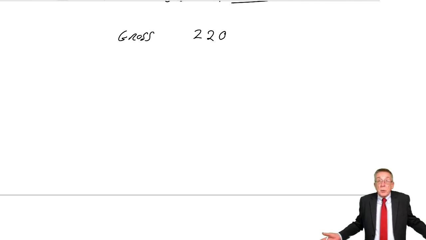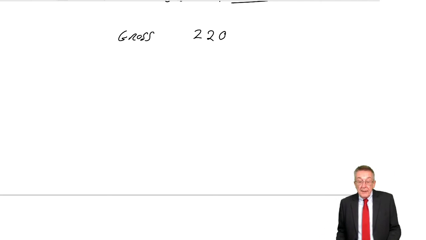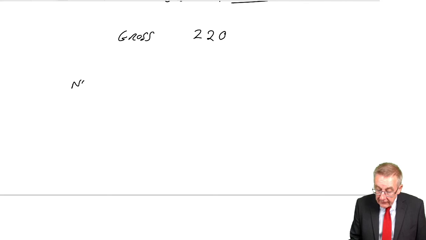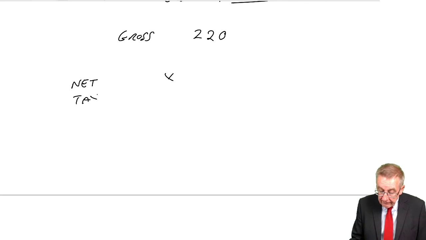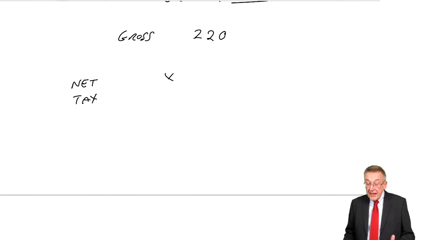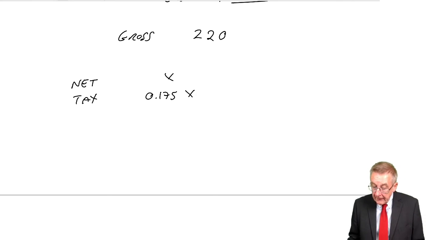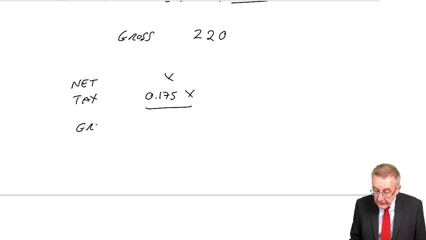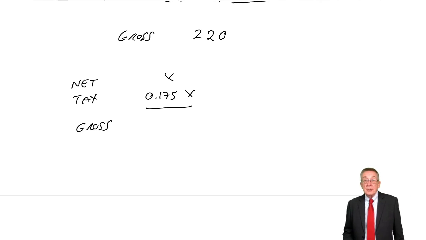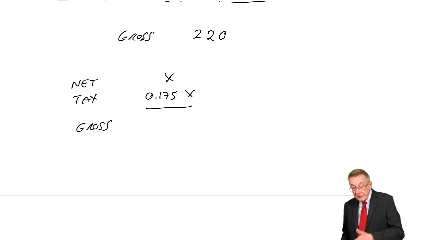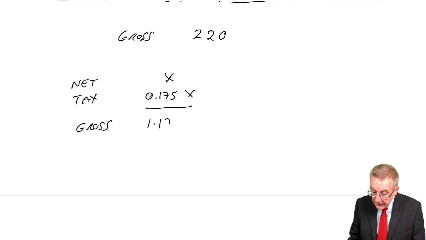So again, I don't care which way you did it, as long as you get the right answer. I'll use X as I did before. If the net price is X, the tax is 17.5% of X, or 0.175 times X. And therefore, the total charge, the gross price, 1x plus 0.175x, is 1.175x.